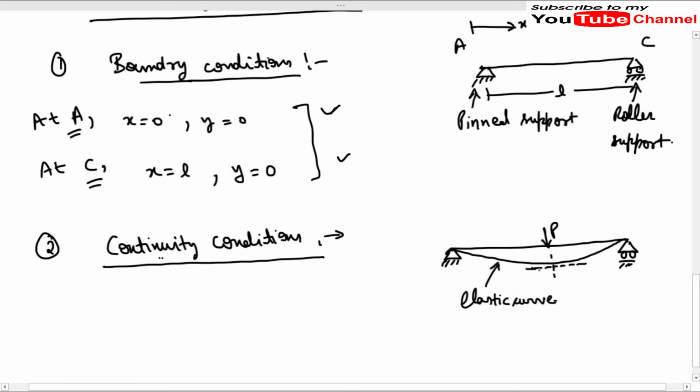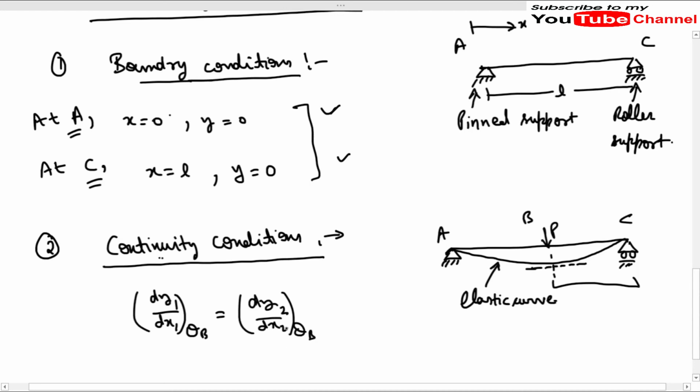At P, this elastic curve is continuous, which means that if I write the equations for the double integration method from this side, for segment AB, and I find out the slope, dy by dx, theta B, and if I write the equation for segment BC and find the slope again, the slope theta B should be equal because the curve is continuous.